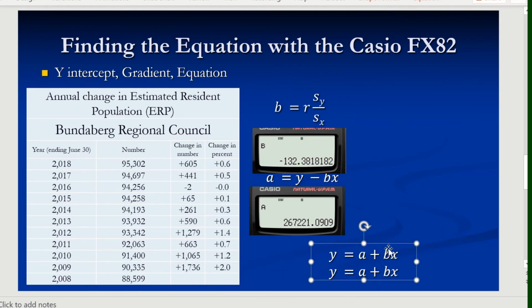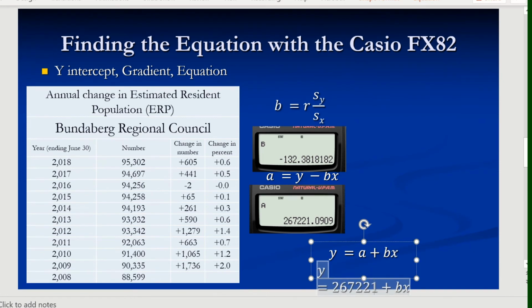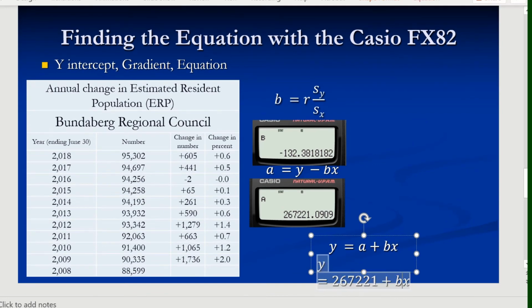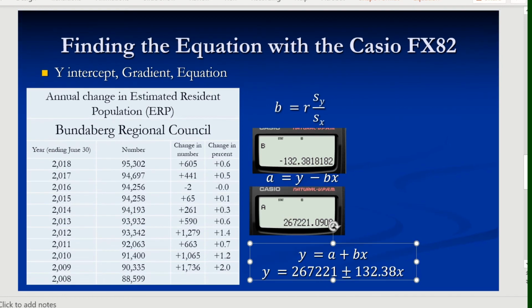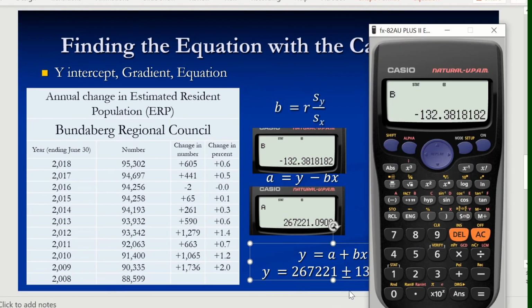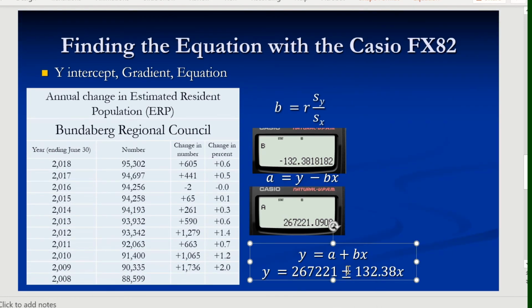So 260,267,221, and our B value was -132.38. And there we have it. That's our calculator used to generate our equation, our gradient, and our y-intercept.